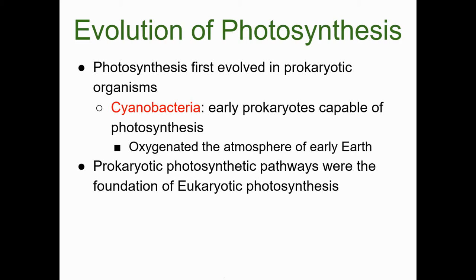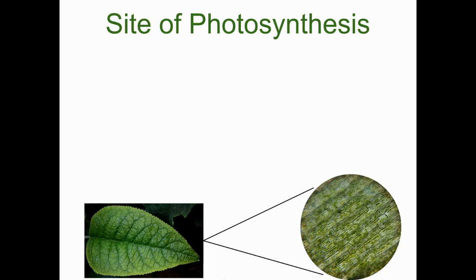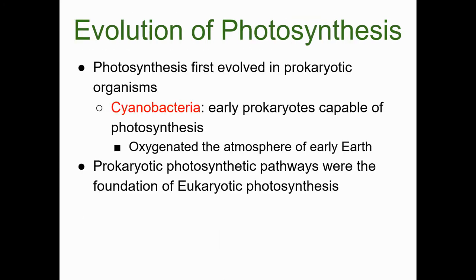Without this transition to an oxygenated Earth, we potentially wouldn't have ever had cellular respiration, and we wouldn't be here. Now, prokaryotic photosynthetic pathways were the foundation of eukaryotic photosynthesis, right? Over time, as things evolved, eukaryotes began to be able to go through photosynthesis as well.